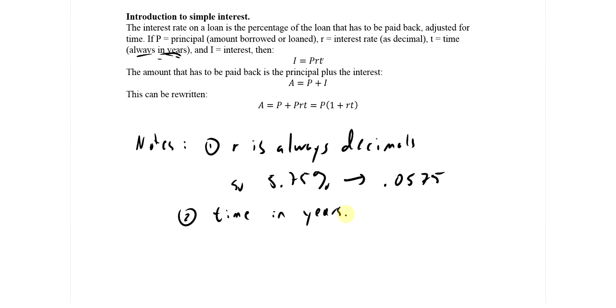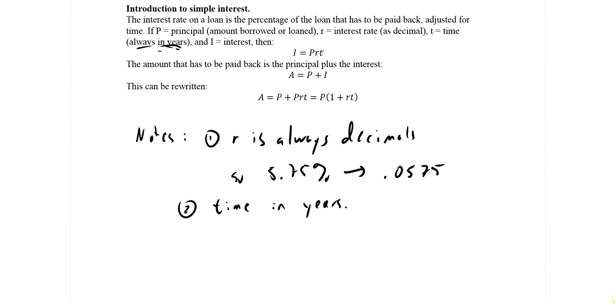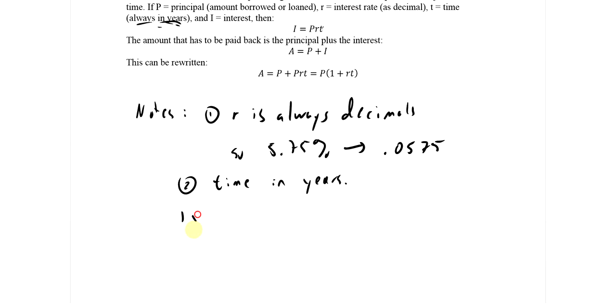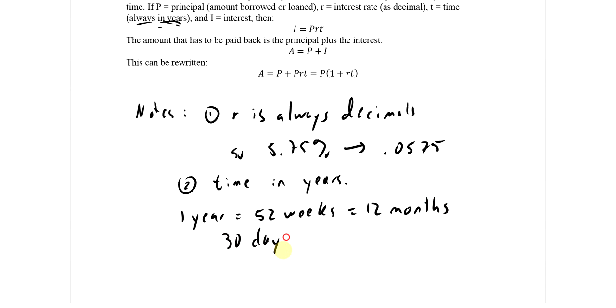So how is a year broken up? 1 year equals 52 weeks, equals 12 months. We assume that 30 days equals 1 month.